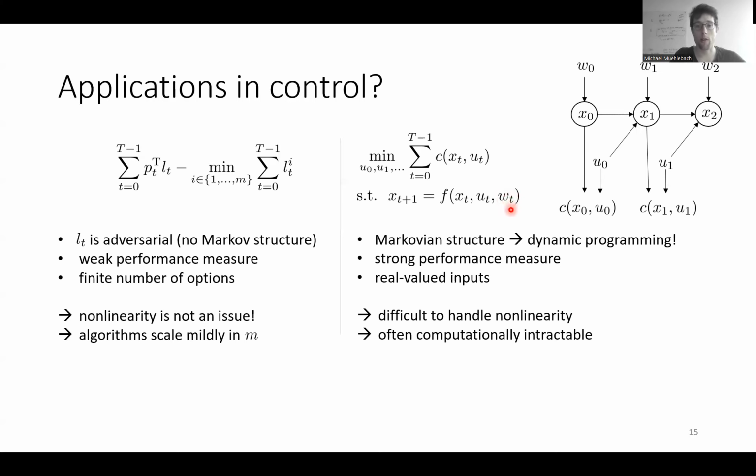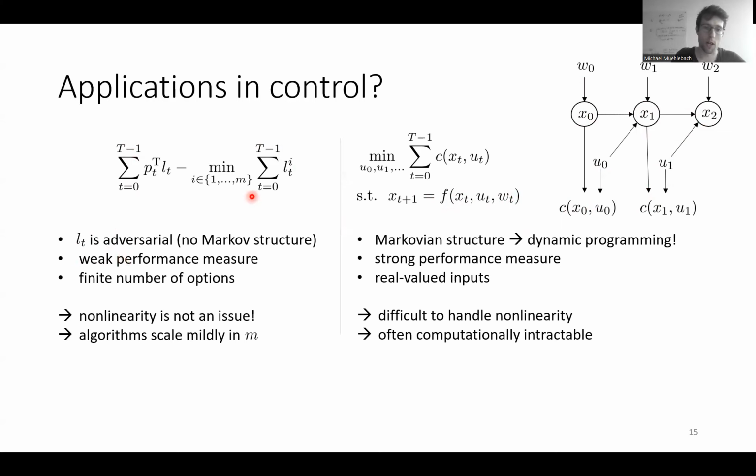That connects the different states, and you can represent this with the directed acyclic graph shown in the top right. In contrast, in the problem formulation that I just showed you, the losses from one iteration to the next are completely adversarial. There's no Markovian structure there. They're completely unrelated.